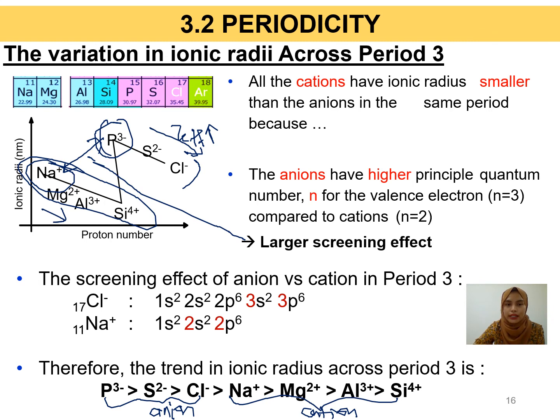So that's why Si4 plus will be the smallest species, the smallest ion in period 3.